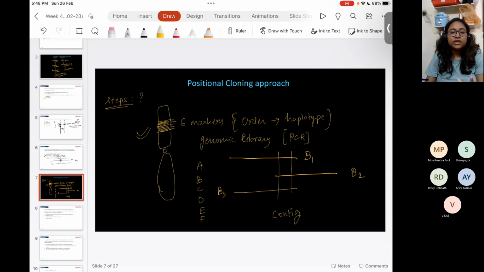Each fragment has some overlapping region with another fragment, because only then will you see that, say, A is present in all 3 fragments. Similarly, you will find B is present in only B1, not in B2, B3. So when you arrange these fragments, you will automatically get the correct physical order of all the 6 markers.